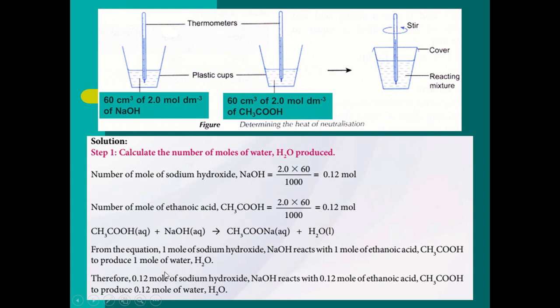Therefore, kita cuma ada 0.12 mole of NaOH, bermakna akan react dengan 0.12 mole of ethanoic acid, because ratio dia 1:1 tadi kan. The same goes untuk water. Jadi di sini kita akan dapatlah number of mole of water, which is 0.12 mole also, because ratio dia 1 juga. Kalau ini 0.12, ini pun 0.12. Jadi from this step kita dah dapat the number of mole untuk water.